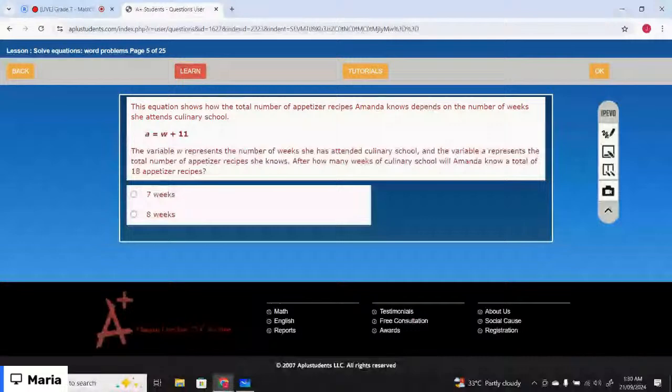That is W equals 7. Option number 1 is the correct option, right?